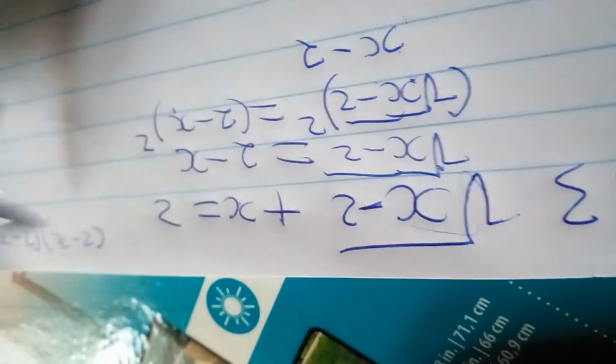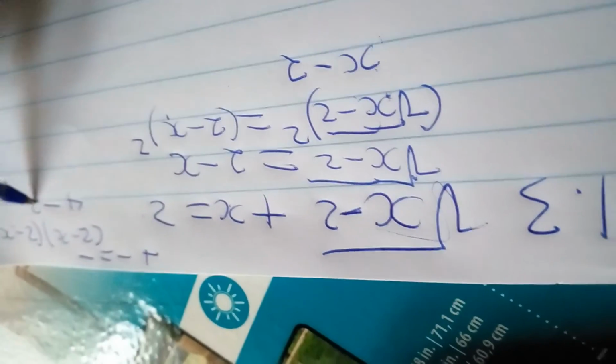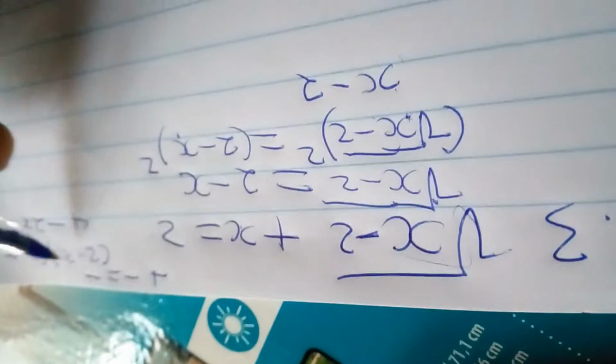Let's solve this one. 2 minus x squared, so it will be 2 minus x times 2 minus x. 2 times 2 is 4. Then 2 times negative x, a positive and a negative gives a negative, so it will be minus 2x. Then negative x times 2 is negative 2x again.